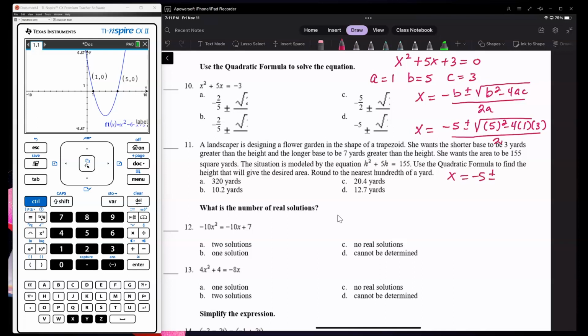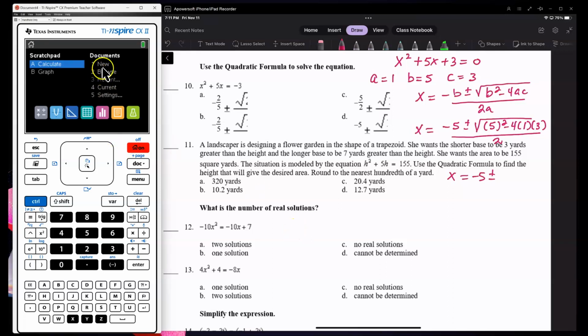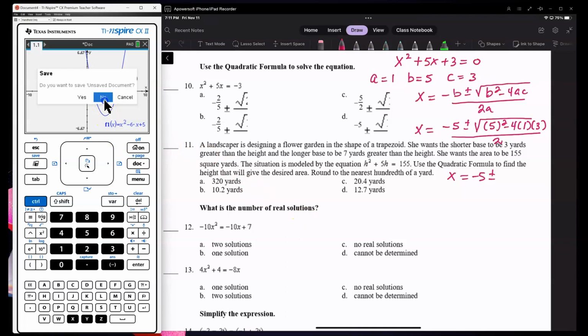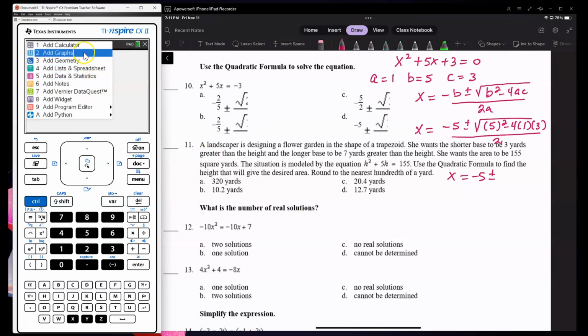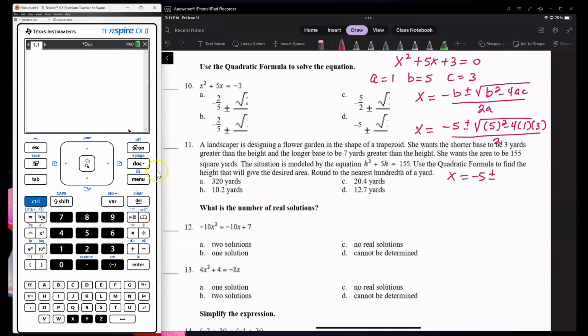Go ahead and evaluate the discriminant. Remember, the discriminant is what's inside the radical. So it's 5 squared minus 4 times 1 times 3.